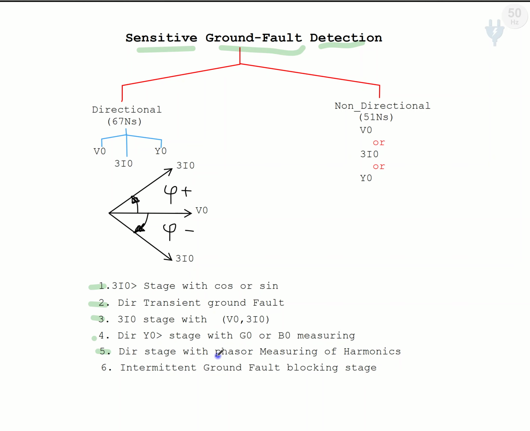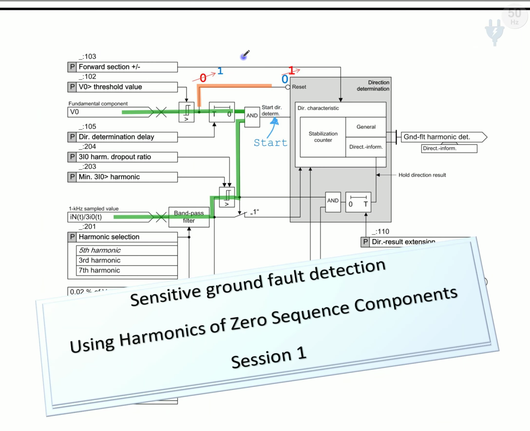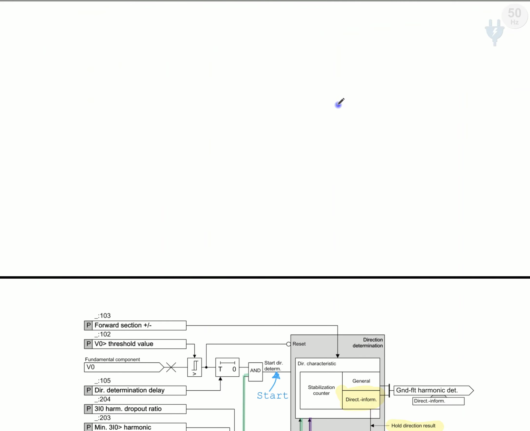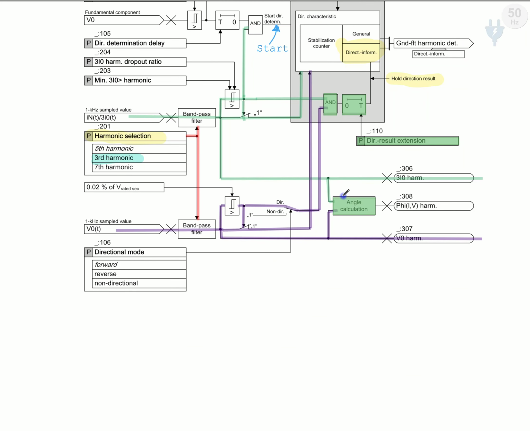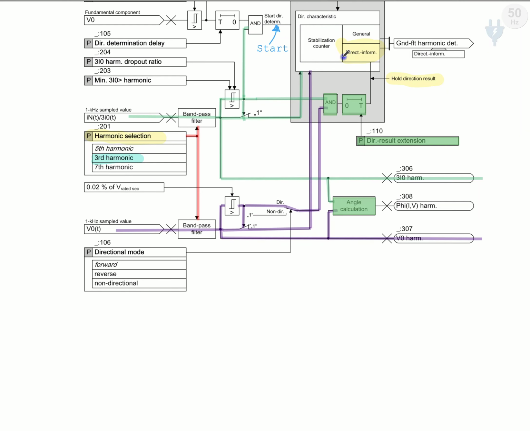In this method, we have 3 sessions yet. Until now, in the first session, we discussed how the blocks work and how it starts. In the second session, we discussed angle determination between the two and the required inputs for direction determination.